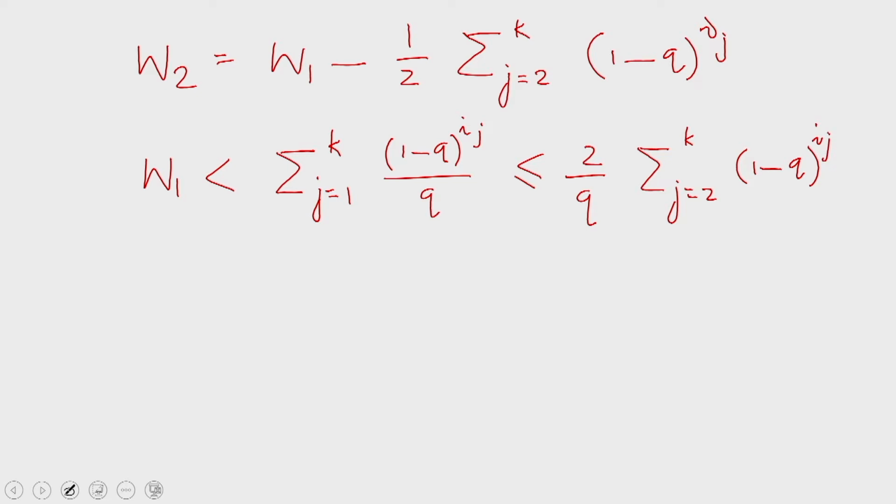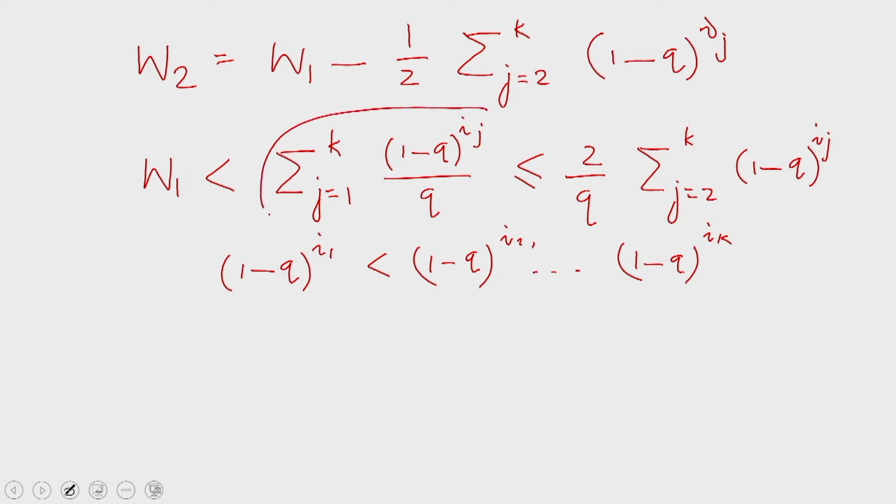Now, why would this be? Because of the various sums, 1 minus q power I1 is less than 1 minus q power I2, etc. Therefore, out of this sum, if I remove the first term, which is 1 minus q power I1 by q, then the total sum will not even be halved.